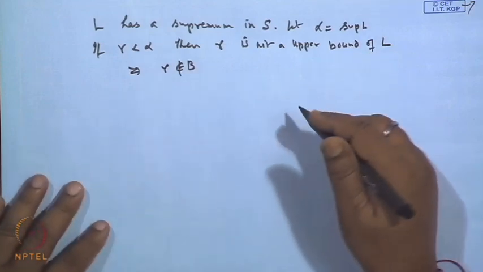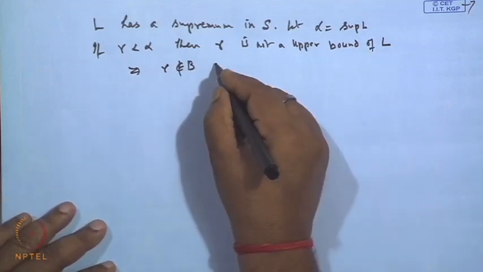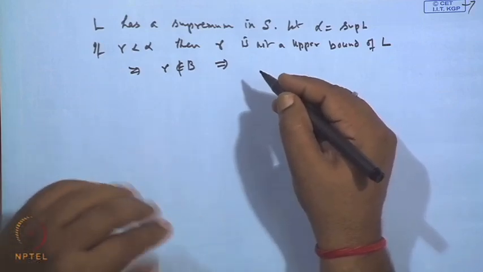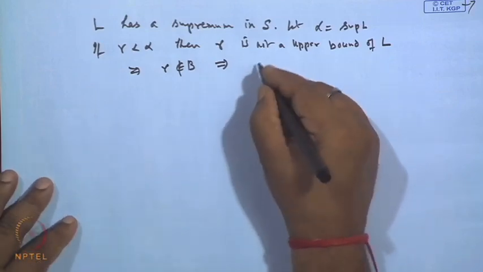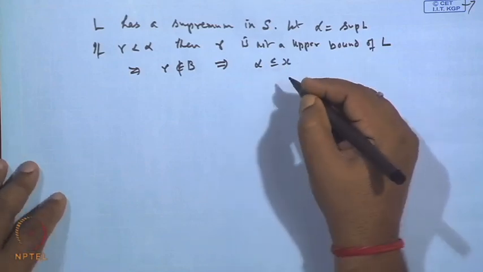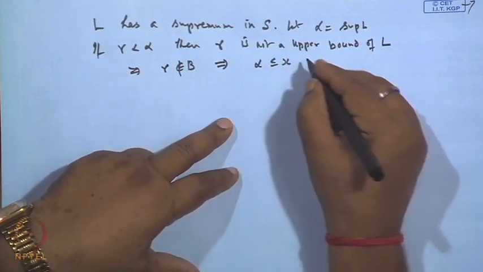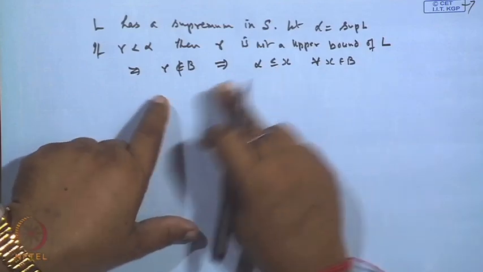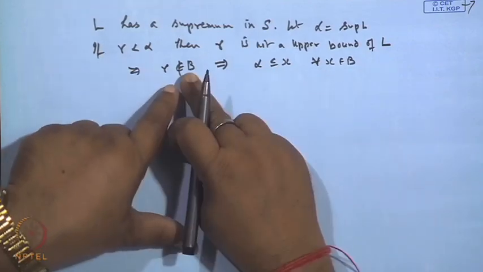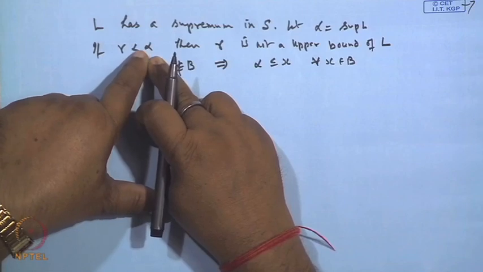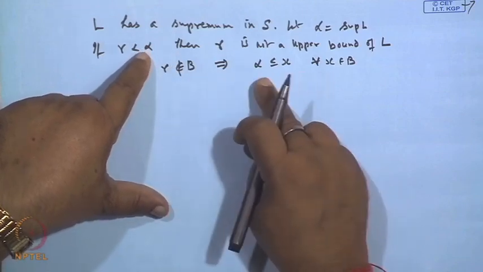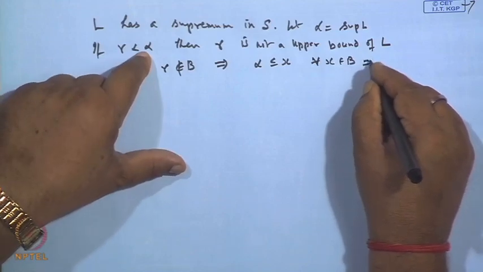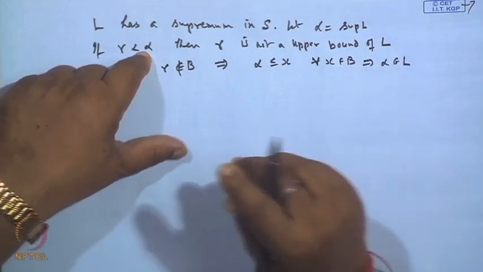Okay. So, what this implies is that alpha is less than or equal to x for every x belongs to B, because any number less than alpha cannot be a point in B. So, alpha will be the least number, and then alpha will be less than or equal to x. So, this shows that alpha belongs to L. Okay.